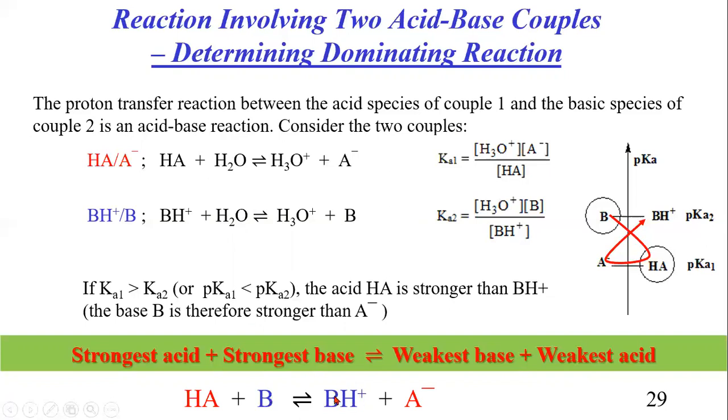So my weaker acid would be a product, and the conjugate base of my stronger acid would be a product. Clear? It's very easy when you put it on a pKa scale, it automatically gives you the answer. But it's also easy to just put the strongest acid on the left as a reactant and the weaker acid as a product. And then you could figure out that this will be B and that will be A minus, continuing.